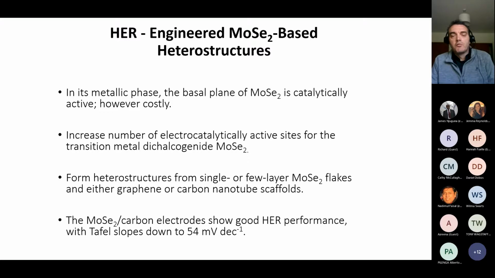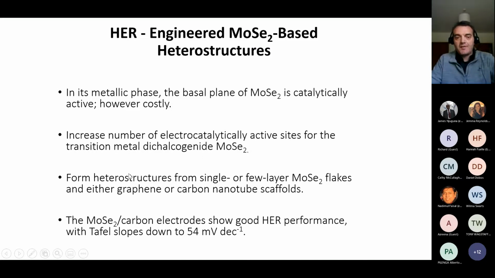The other one I wanted to mention is molybdenum with selenium. They have mentioned here, as I mentioned earlier on, Tafel slopes, to look at the electrocatalyst. One of the problems this material has is that it is kind of expensive.